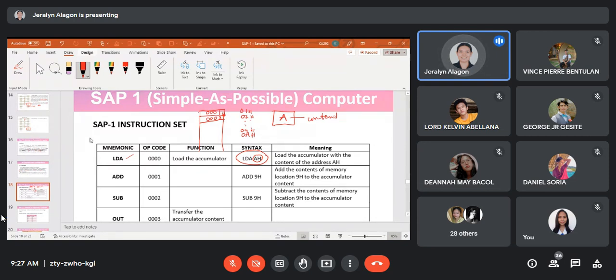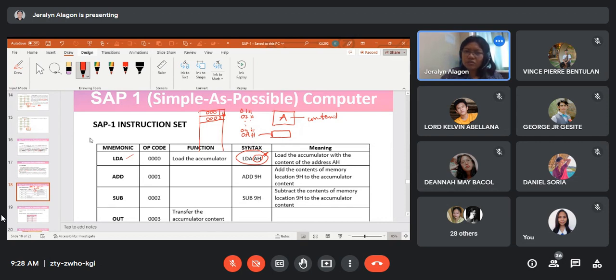Whatever is the content or the value of that address is stored to the accumulator. This AH is an address. It's not the immediate value, but rather it's the address that has the data or the immediate value. So, what this means is load the accumulator with the content of address AH.